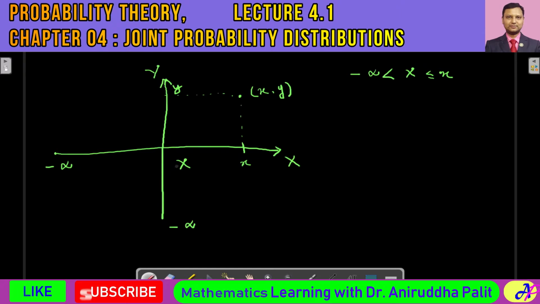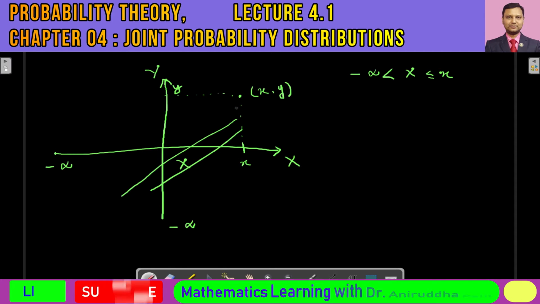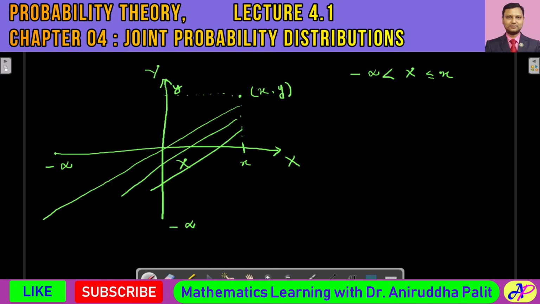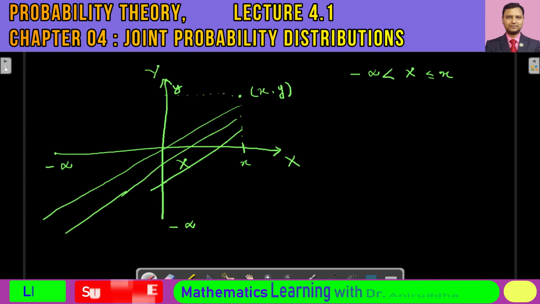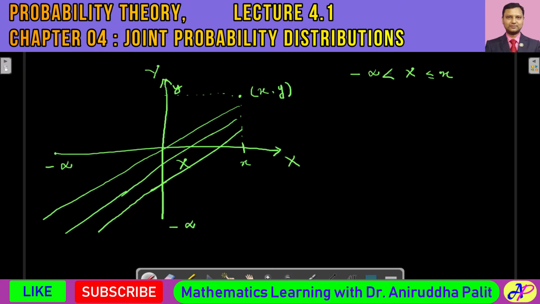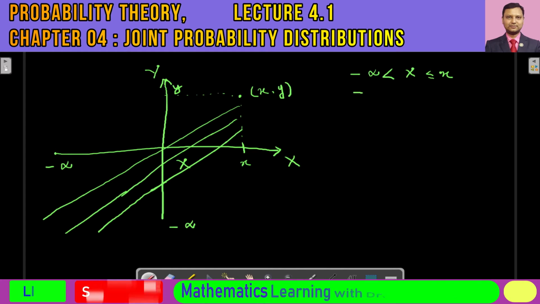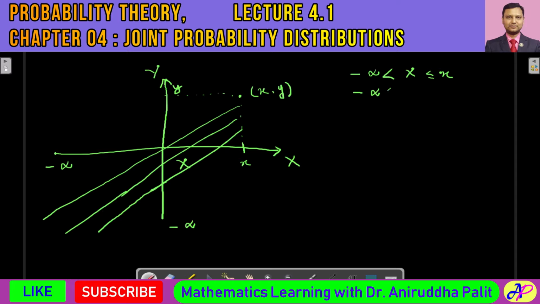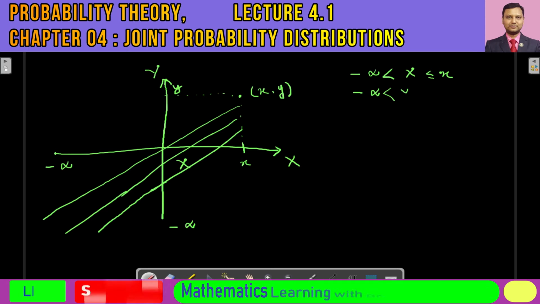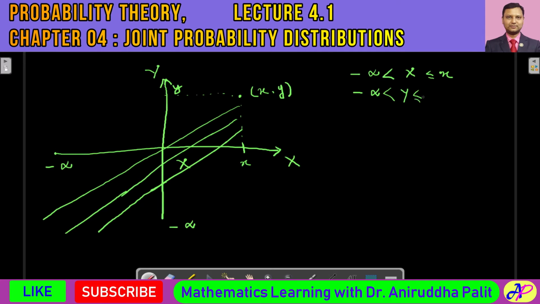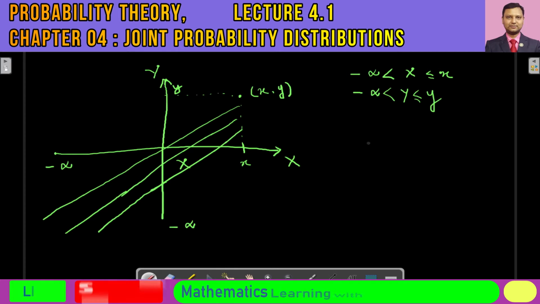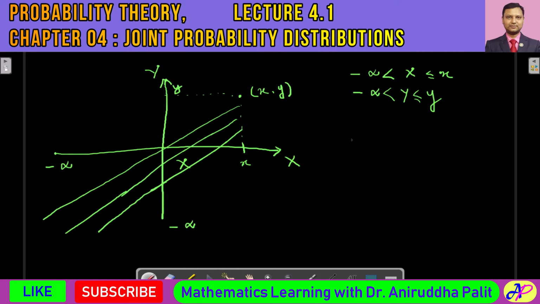All right. So it means that when minus infinity less than capital X less than or equal to x, we shall consider this left hand side zone, where this inequality will be satisfied. Along with that, we have one more inequality, that minus infinity less than capital Y less than or equal to small y. What does it mean?